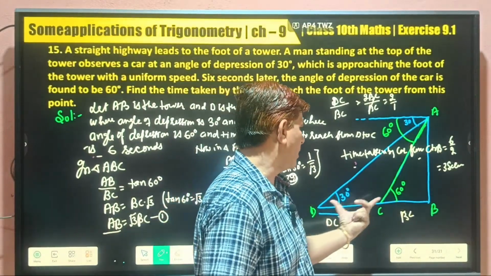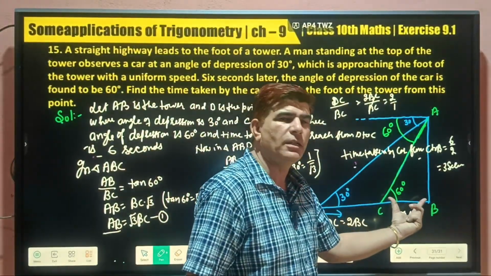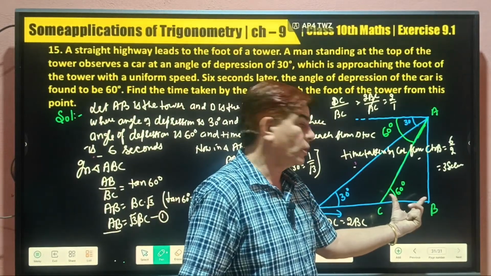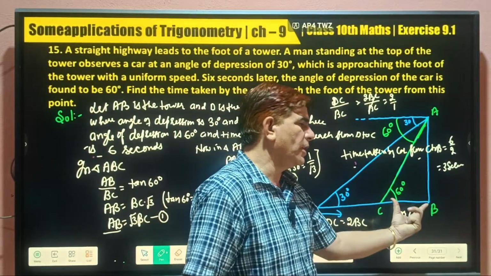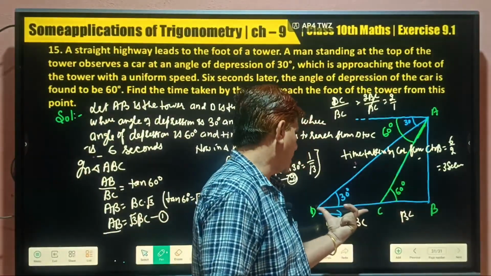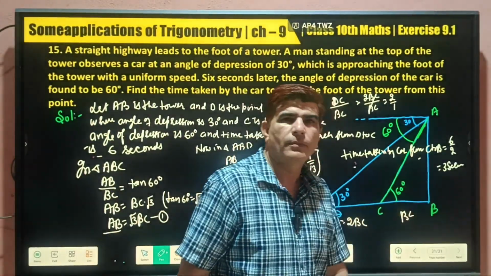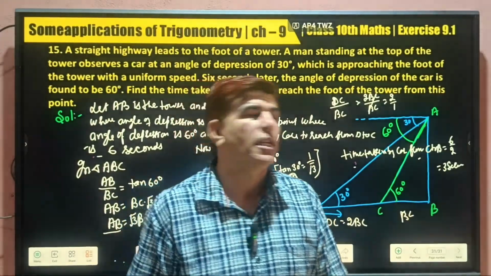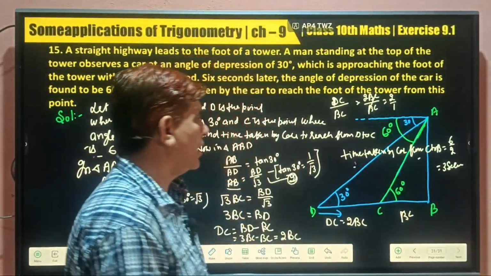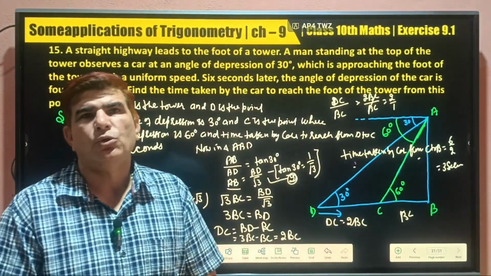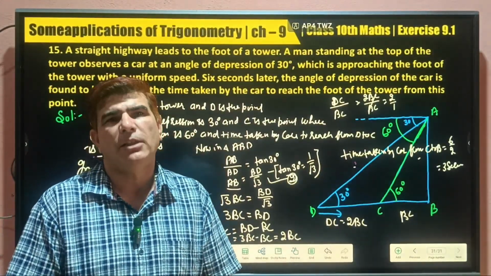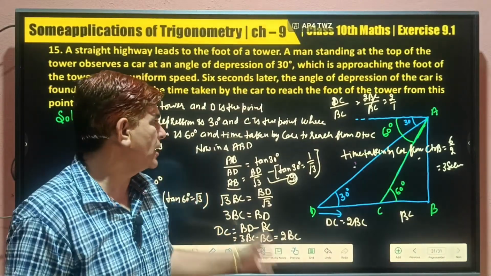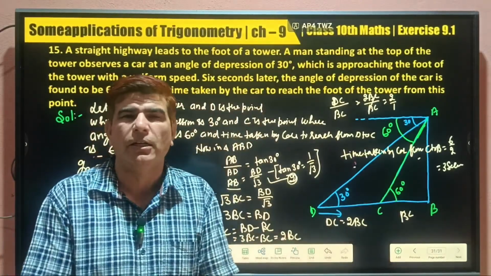So this distance is 2 times that distance, so the time taken is also 2 times as compared to this. Here it takes 6 seconds, so here it takes 6 by 2, which is 3 seconds. So the time taken by the car to reach the foot of the tower from point C is 3 seconds. This type of question we have to solve indirectly.